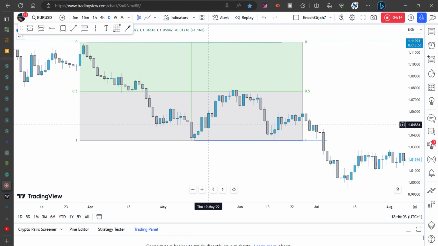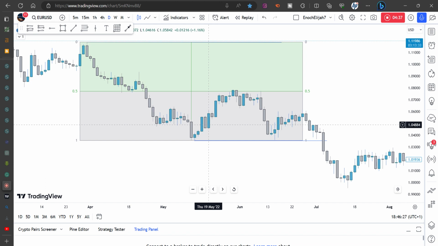Now we sell at premium levels and we buy at discount levels. However, you don't just sell blindly because we're at a premium level or buy blindly because we're at discount levels. There are things I look for.